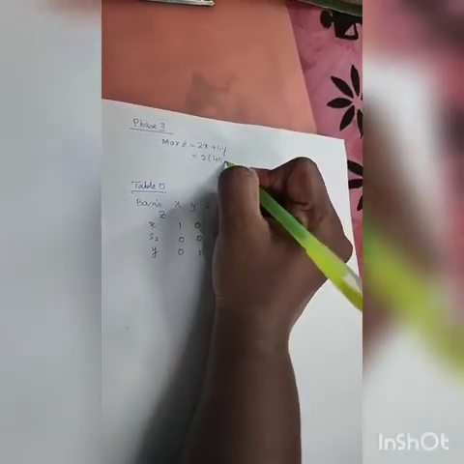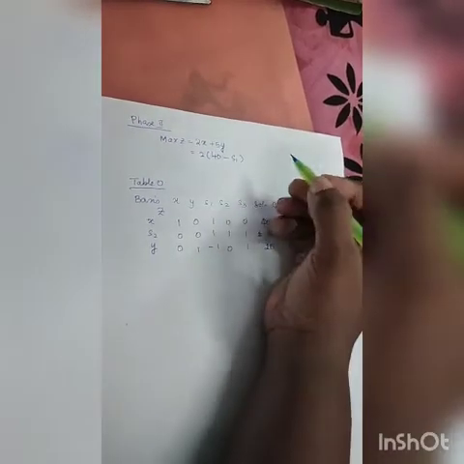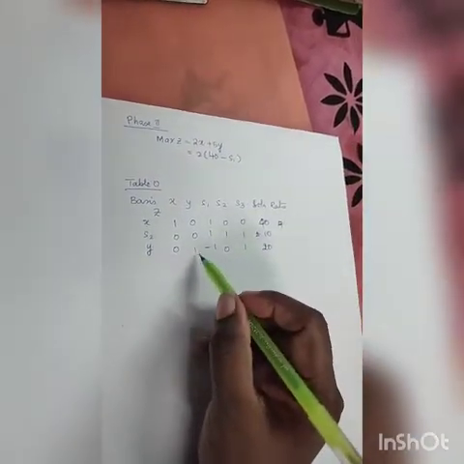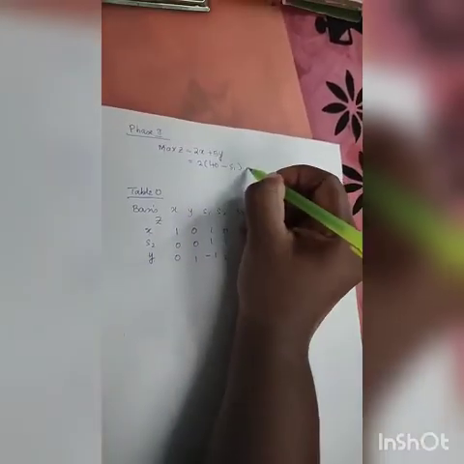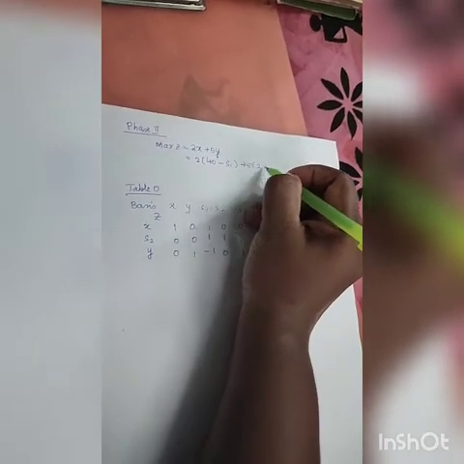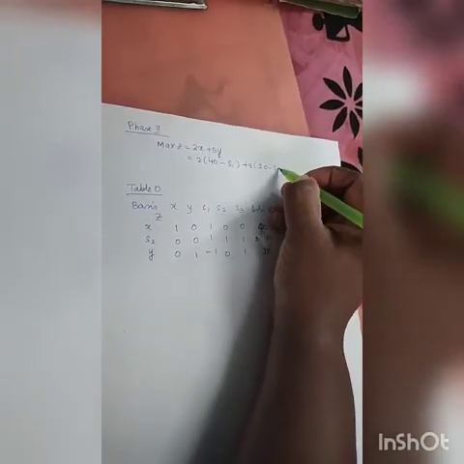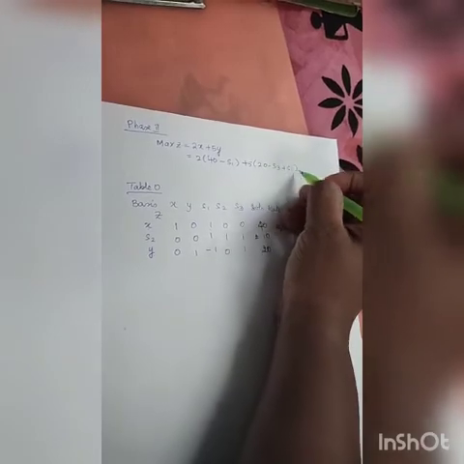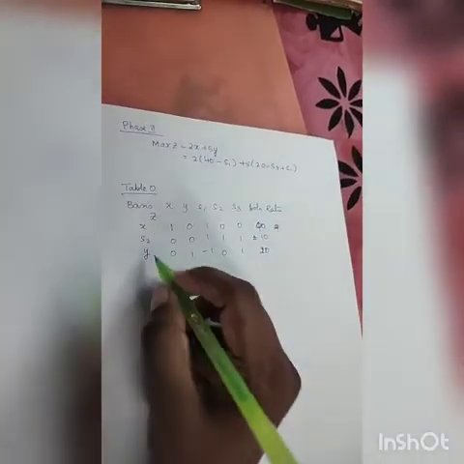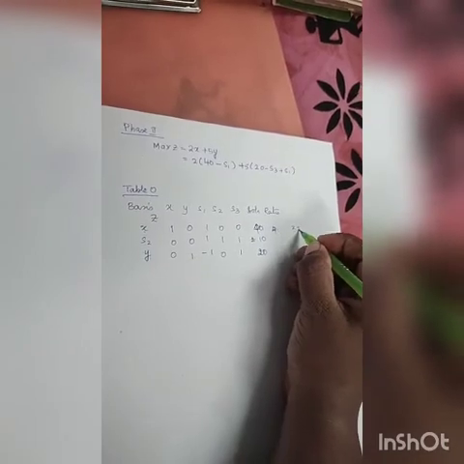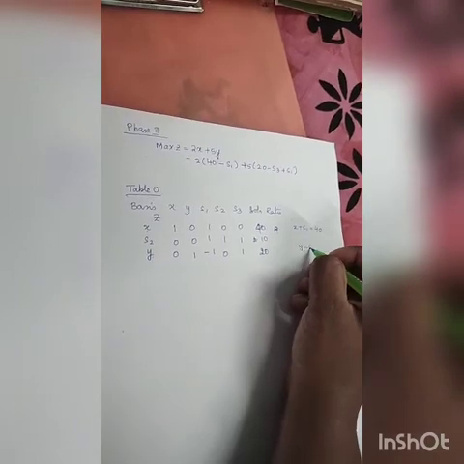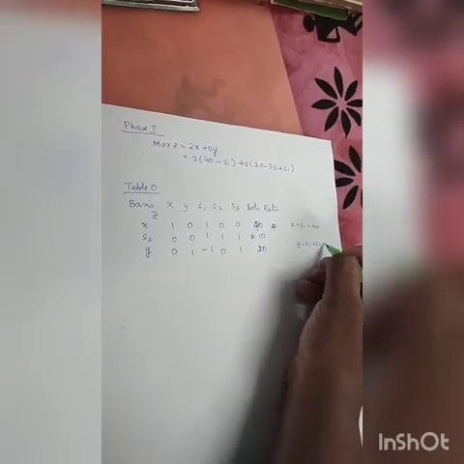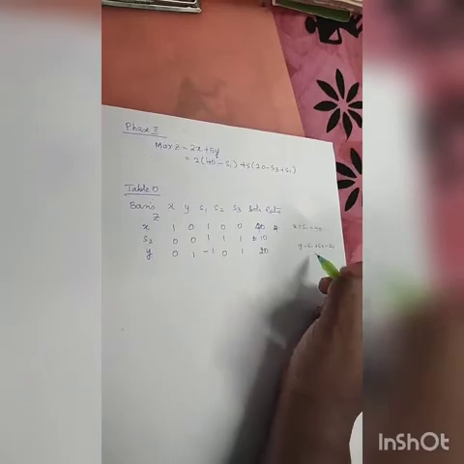So this will become 40 minus s1. And then for y it is y minus s1 plus s3 equal to 20. So this will become 5 into 20 minus s3 plus s1. So the equations here are x plus s1 equal to 40 and y minus s1 plus s3 equal to 20. So I have just rewritten it as equal to for x and y.